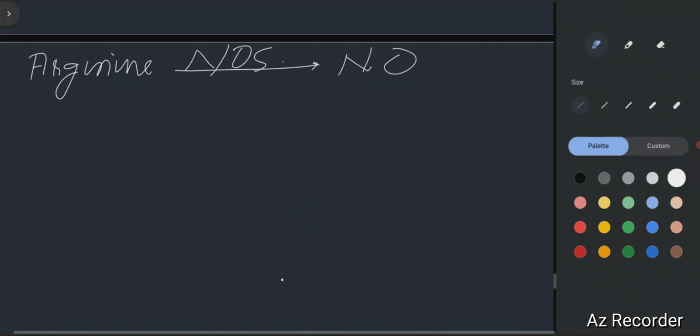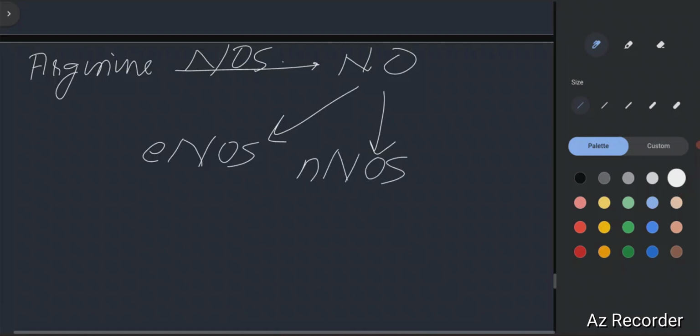Nitric oxide is made in endothelium, and in that case the enzyme is endothelial nitric oxide synthase. It is made in neurons, and the enzyme over there is neuronal nitric oxide synthase. And it's also made by an enzyme known as inducible nitric oxide synthase, and this form is made by your phagocytes, right?